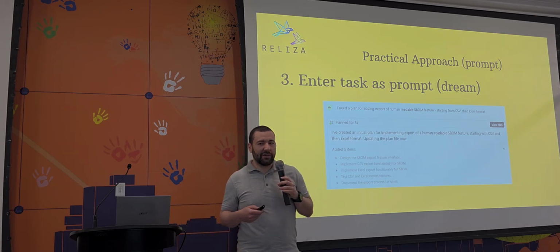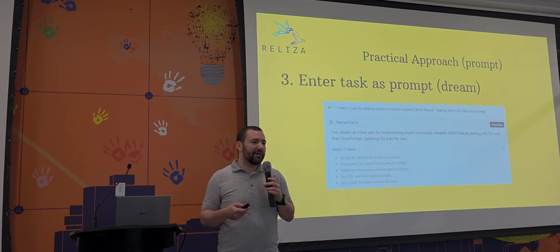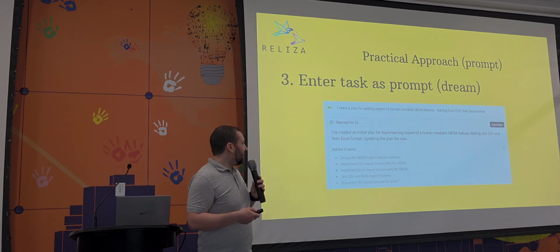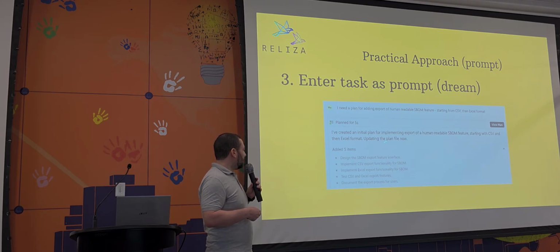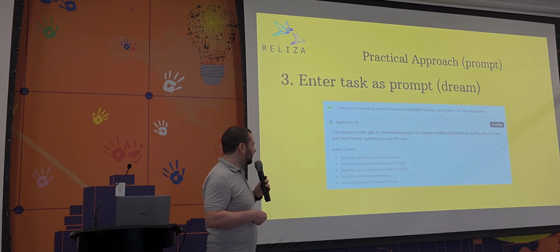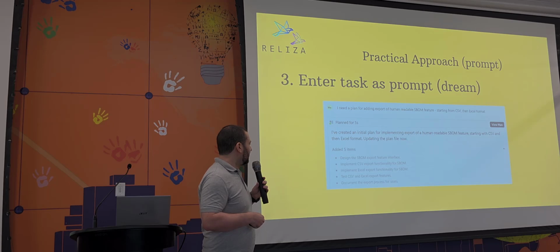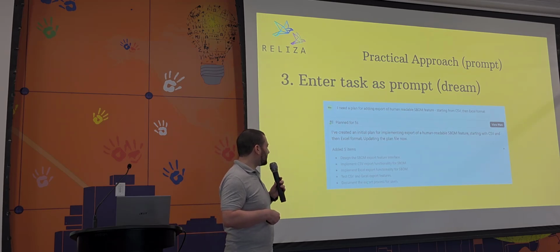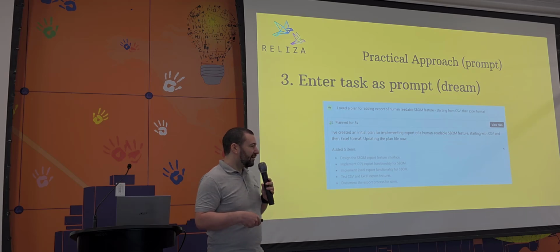So that's my dream prompt. And essentially that's the plan that it came up with. First design the SBOM export feature interface, then implement CSV, implement Excel, then test, and then document.